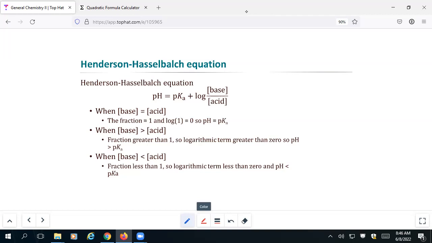And remember, pKa, we talked about this yesterday, pKa is equal to the negative log of the Ka value for the conjugate acid in this case.